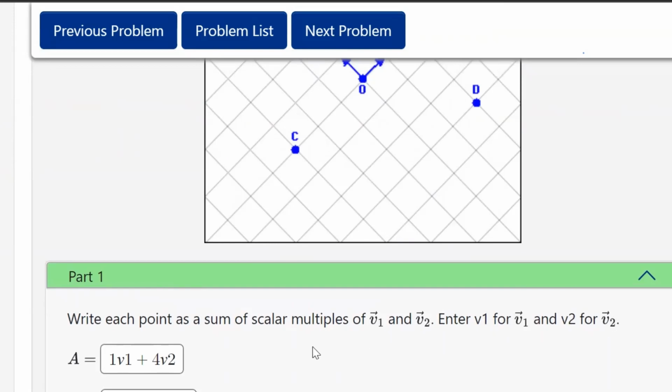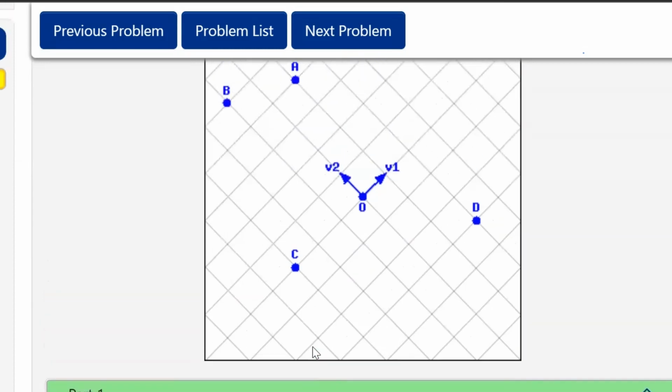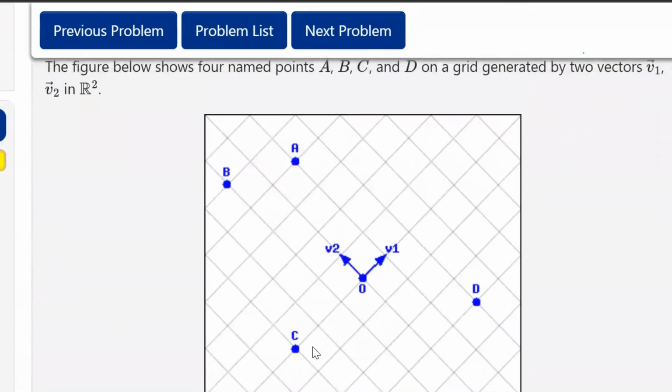So they're saying to write each point as scalar multiples of V1 and V2. You can see V1 and V2 here, and the arrow sign is going. So how are you going to find A? To find A, you have to think of this as a graph, with V1 going along the x-axis and V2 along the y-axis.